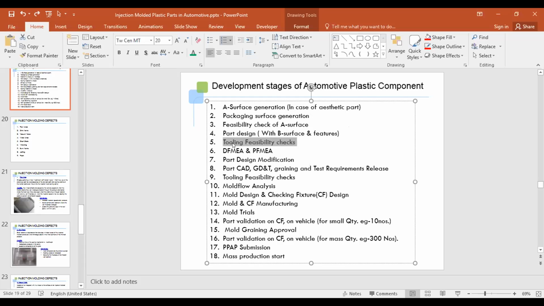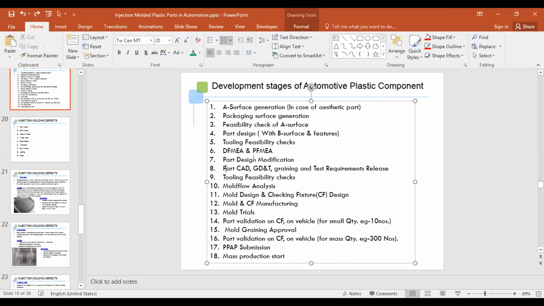This complete CAD design comes for tooling feasibility check. Then it comes for DFMEA and PFMEA, design failure mode and effect analysis and process failure mode and effect analysis. This is also a kind of feasibility check. Now this comes for part design modification based on these two things, tooling feasibility and DFMEA, PFMEA.